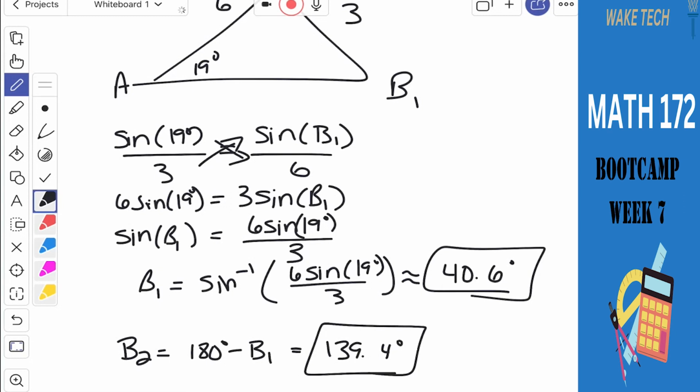Anytime you see the degree symbol with any of the angles, that means you'll need to be in degree mode. And with the law of sines and law of cosines, you will need to be in degree mode because the angles will be given in degrees for those.